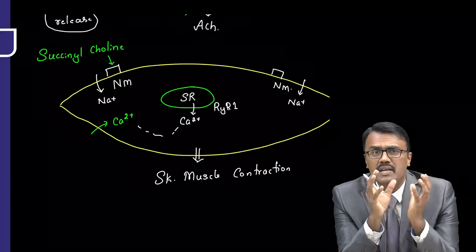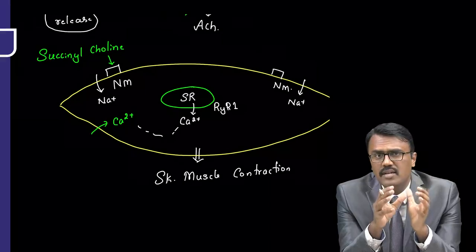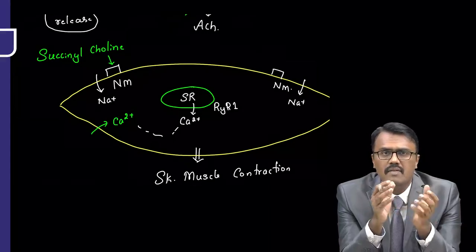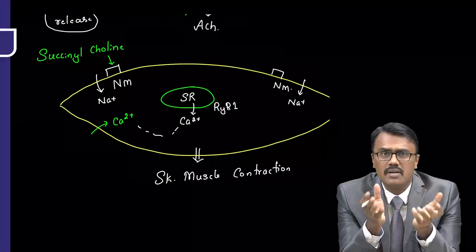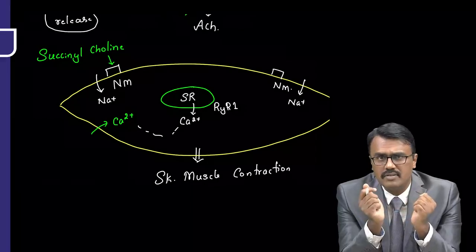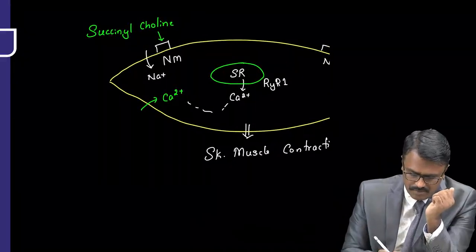They undergo desensitization. But these nicotinic receptors are special. They undergo rapid desensitization and the receptors will not work. So what happens if receptors are not working? The muscle will relax.